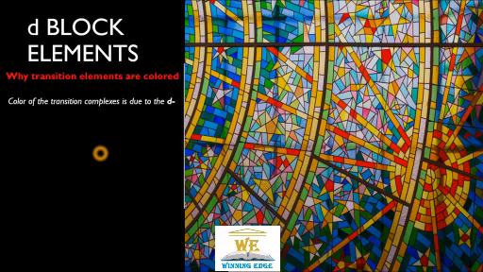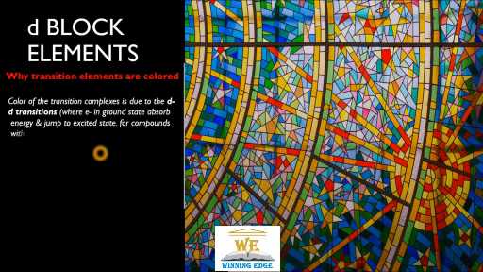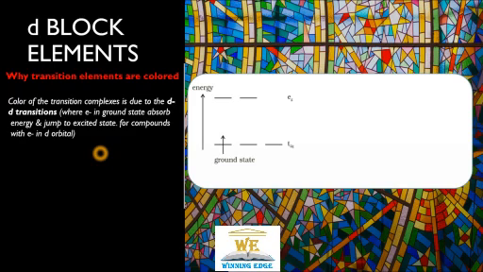So basically we can say color in transition complexes is due to d-d transitions, which is the transfer of electrons from the ground state, that is the t2g level, to the excited state or upper energy level.